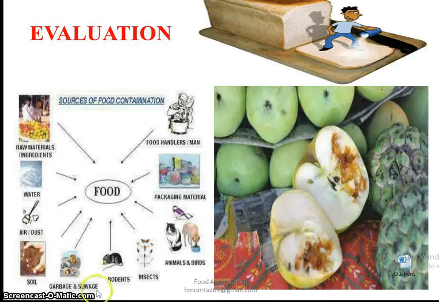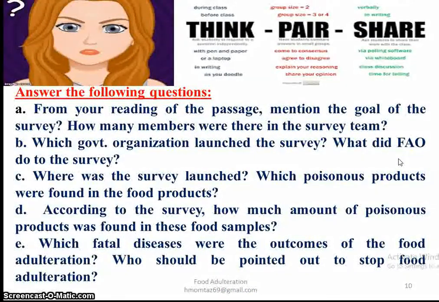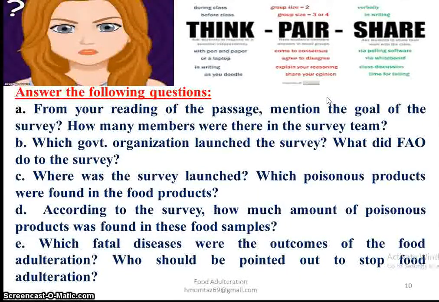Garbage and sewage beside the streets, and you see the soil, yard, dust, water, so many things. You can find the picture here. There is a green apple, or some green apples, but whenever you cut, you see that the apple is not green at all. They are using pesticides to make it green or fresh in its outward appearance.